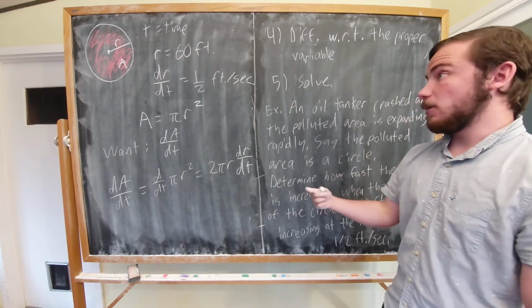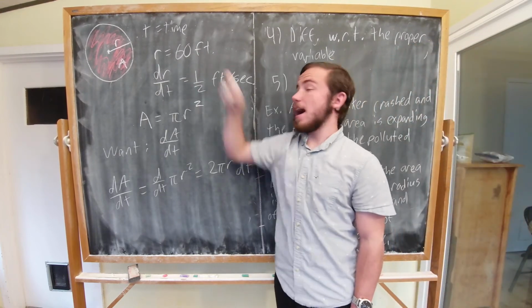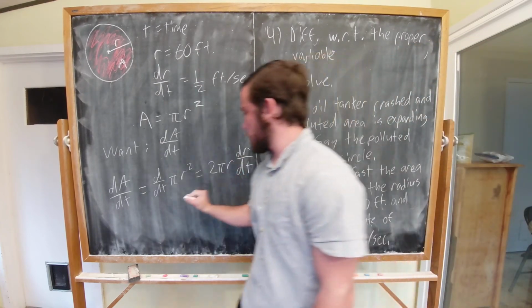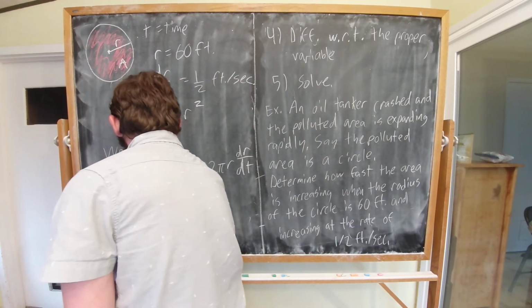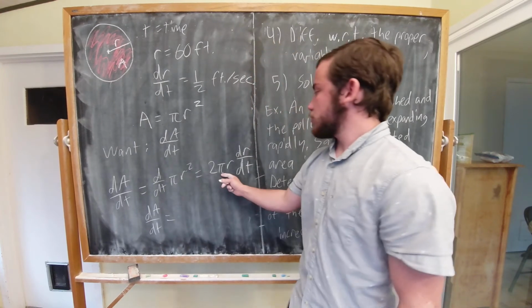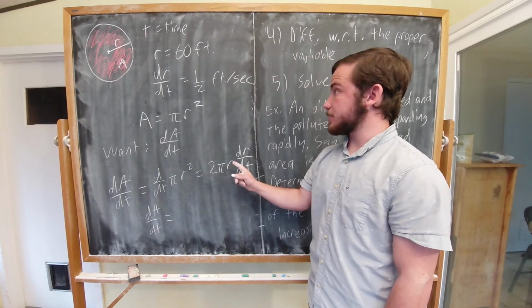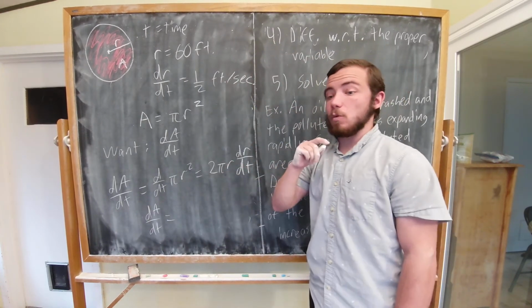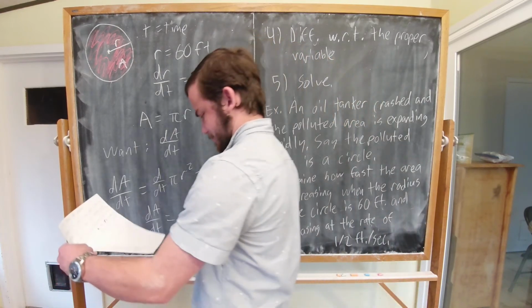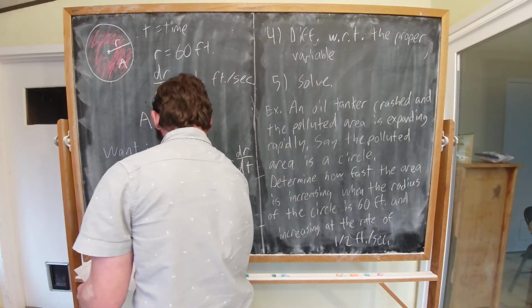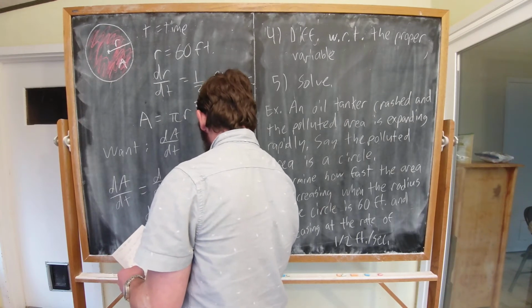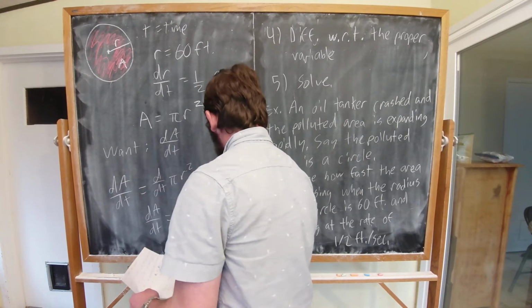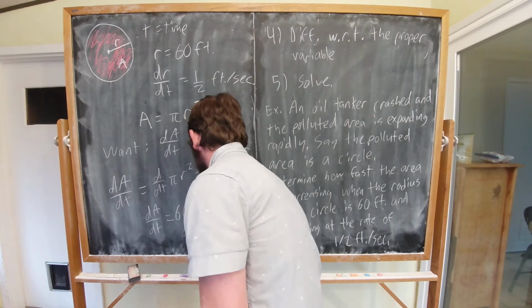Nice. Well, I have dr/dt, I have r, so in this case, dA/dt is equal to 2 pi times 60 times 1/2. That'll give you 60 pi, and it would be in units of feet squared per second at this time.